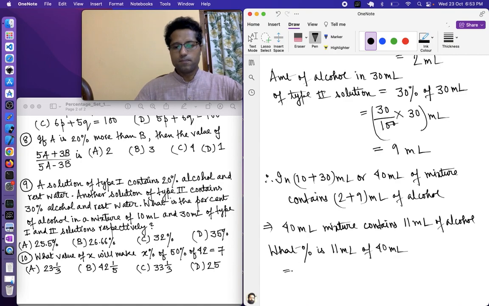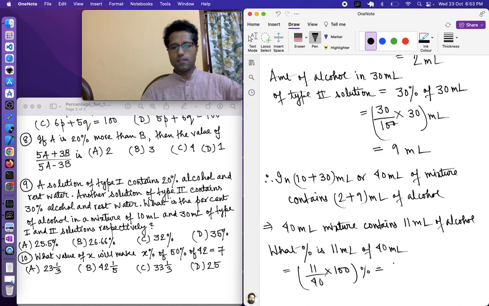This is equal to 11 by 40 multiplied by 100 percent, and the 0 cancels, 2, 2, 2, 5.